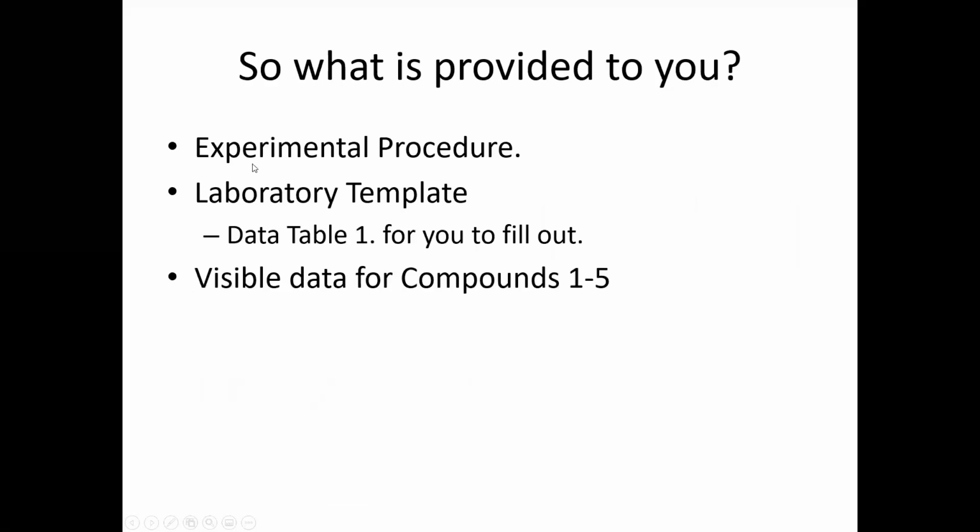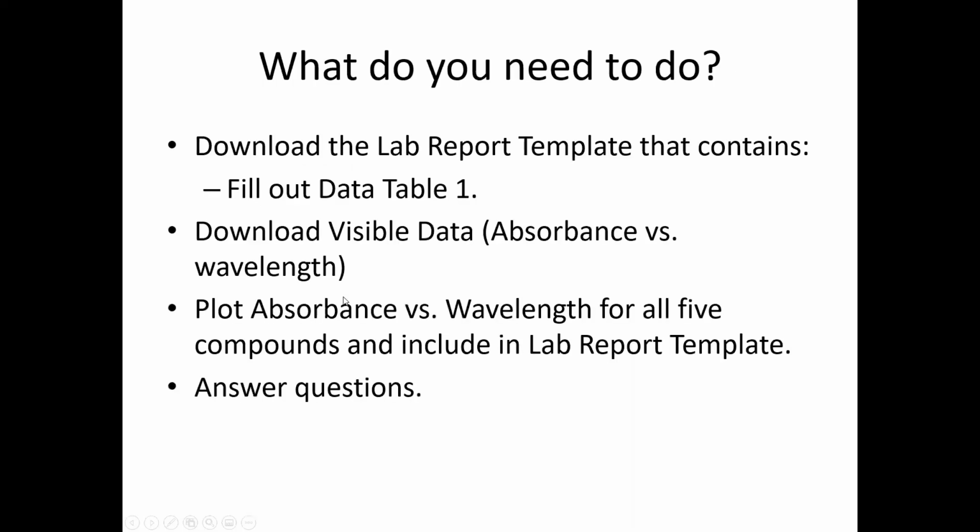So on Canvas, there is an experimental procedure, and there's also a laboratory template. Make sure you do your calculation and fill out data Table 1. And there is also visible data for compounds 1 through 5 that you use to plot the visible spectrum in Excel.